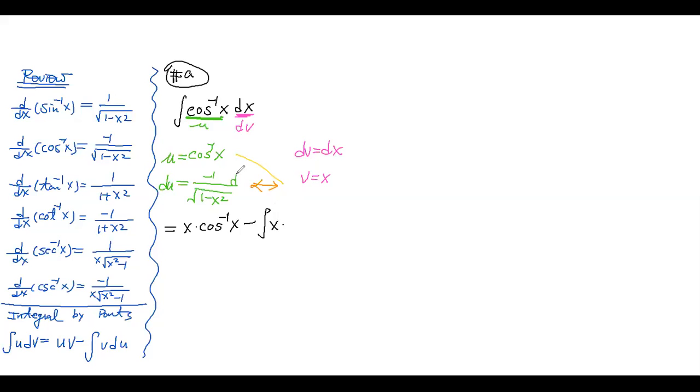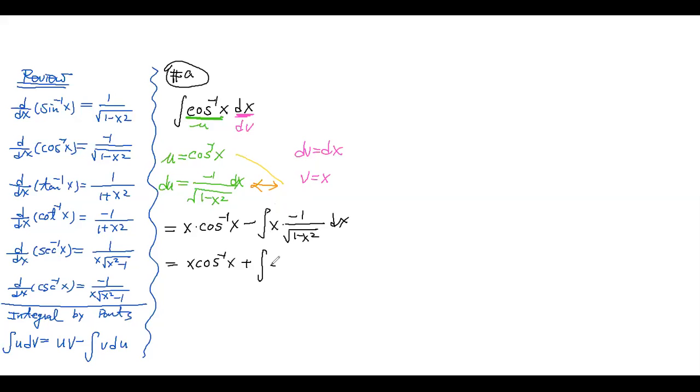When I take the derivative, I need to have dx here. So minus v du is negative x over the square root of 1 minus x squared dx. Let's just combine the negative sign first. So this is arc cosine x.